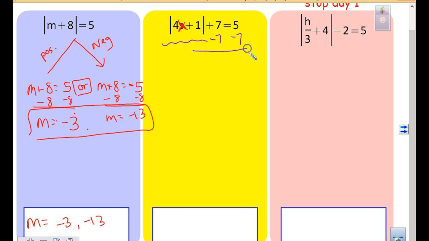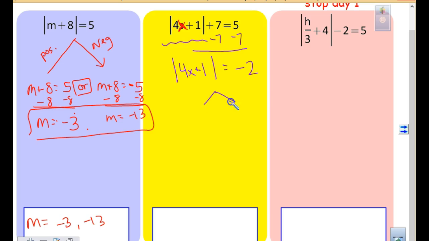Subtraction property of equality, right? So we do that subtraction, and Christian, we're going to end up with what? Tell me what to write. Absolute value. Okay. 4x plus 1 equals -2. We've isolated our absolute value, right? Next step is we need to split it, correct?